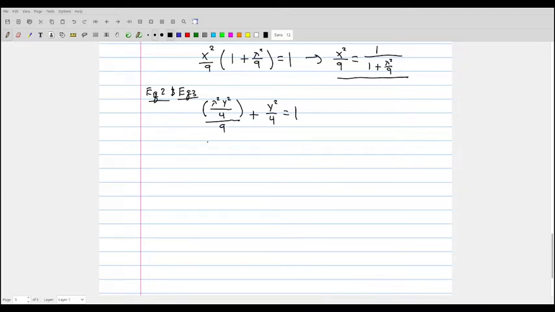which is the same, if I factor out this y squared over 4, as y squared over 4 times 1 plus lambda squared over 9 is equal to 1, or lastly that y squared over 4 is equal to 1 over 1 plus lambda squared over 9.